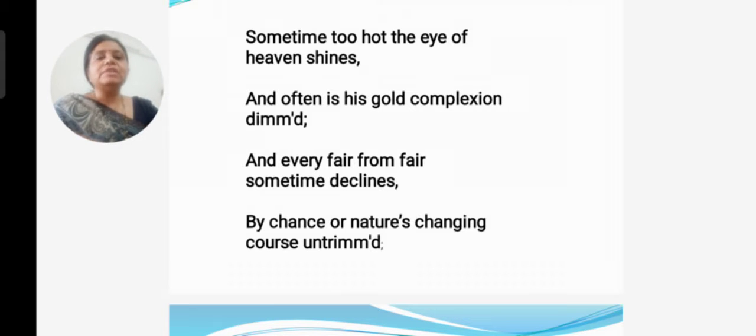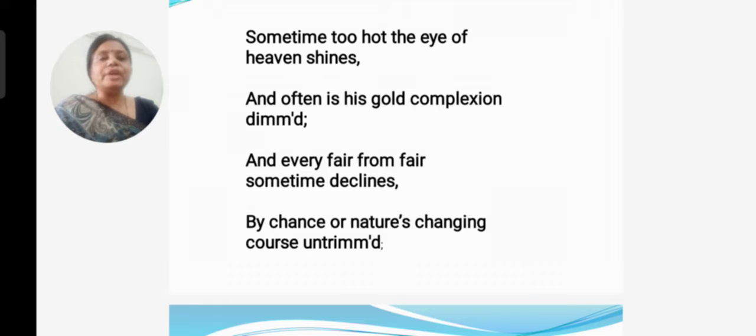It is never dimmed and it is never eclipsed. It is the same forever. So the gold complexion of the sun gets dimmed by the eclipses and by clouds. But there are no clouds and eclipses in the beauty of the fair youth.